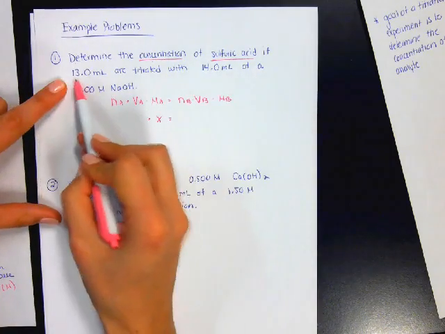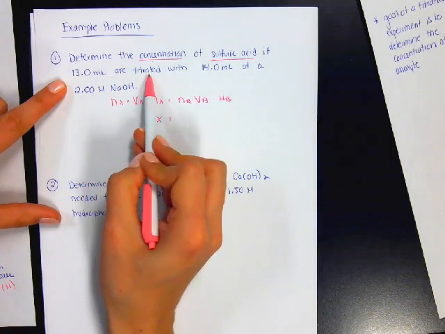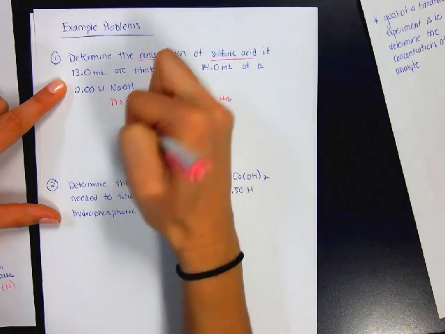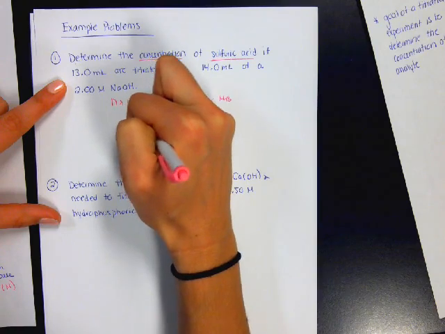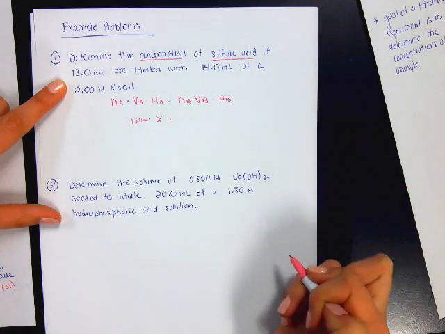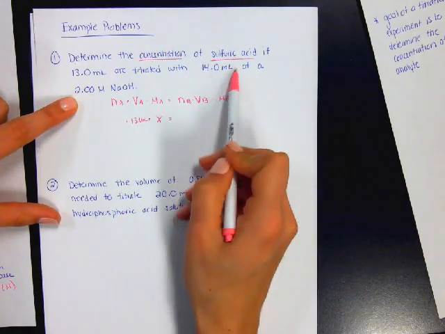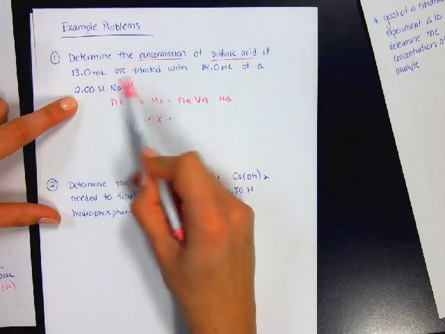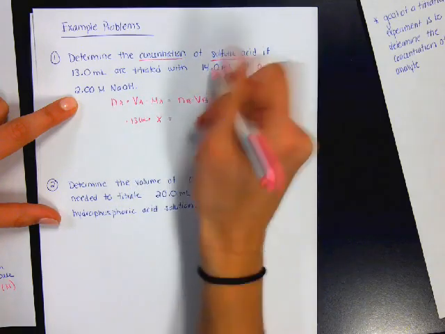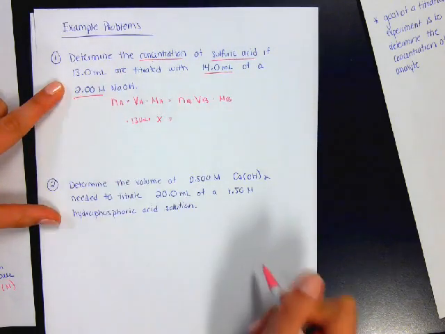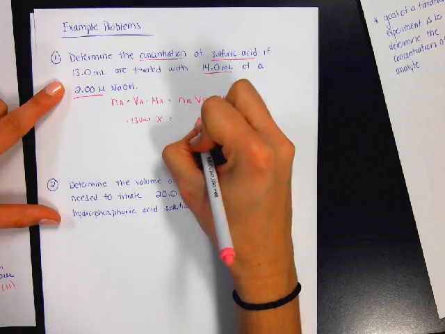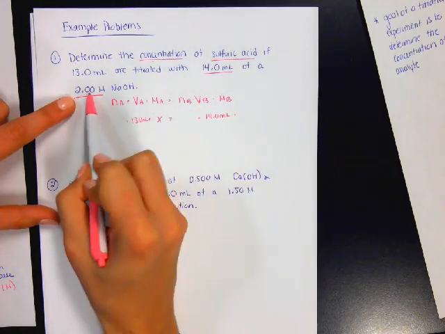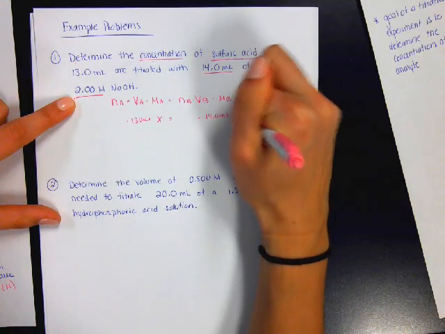If 13 milliliters are titrated, so it's telling us that 13 milliliters of sulfuric acid are being titrated. So that's the volume of my acid, okay, with 14 milliliters of a 2.00 molar NaOH. So we know that NaOH is a base, so this information goes along with the base. So the volume of our base is 14 milliliters. The concentration of my base is 2.00 molar.